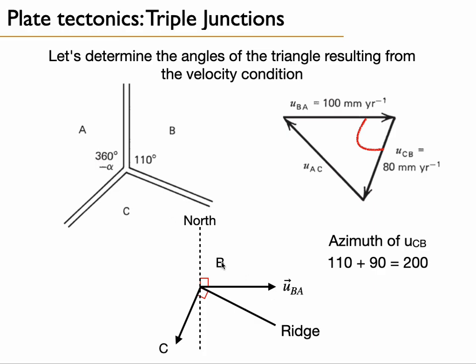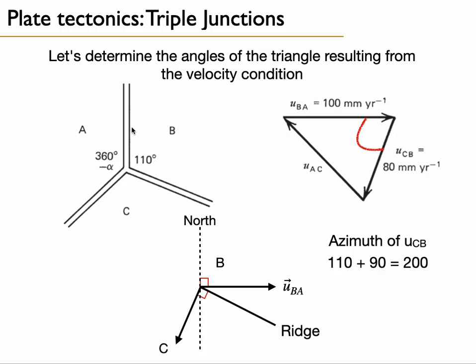We have a ridge here which is located a bit further down, and we will have this 90 degrees from this ridge. We will have the motion towards plate C from this ridge here. So what is the azimuth of UCB? It will be 90 degrees here.